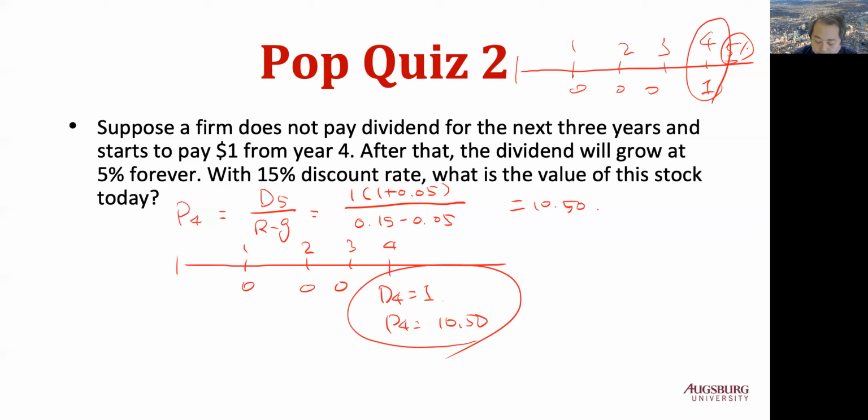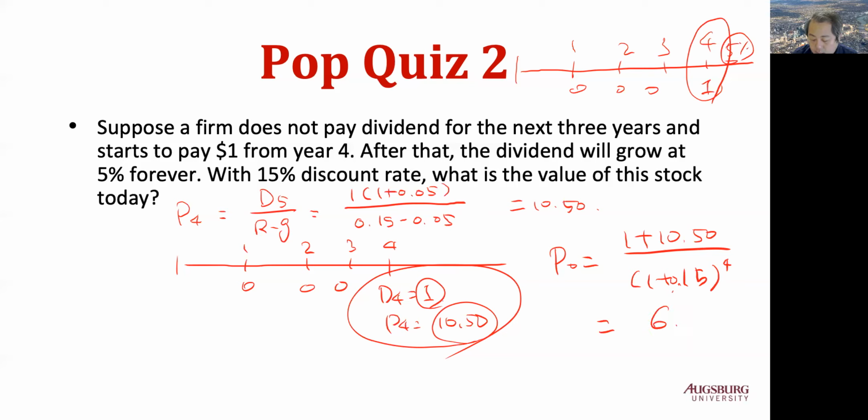So the price today will be D4, $1, plus P4, the selling price, divided by 1 plus 15% to the fourth. If you solve this, you're going to get $6.58. You can obviously use a calculator too. It's up to you.